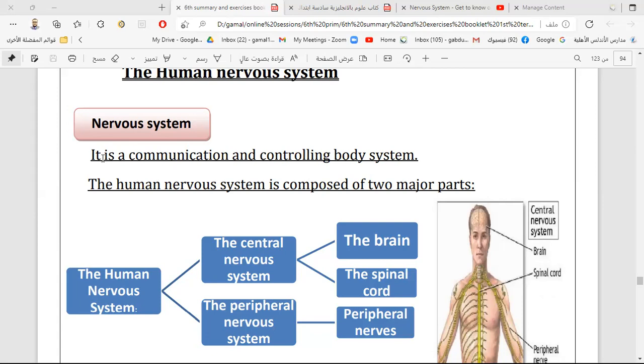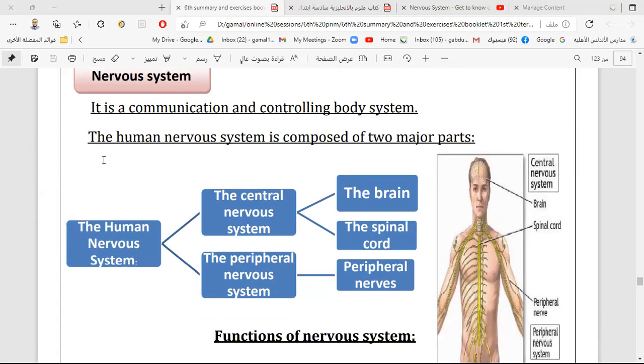You will see now the important system, which is the nervous system. We can divide the nervous system into two major parts: the central nervous system and the peripheral nervous system. Now, you are like a doctor. You have entered the faculty of medicine.